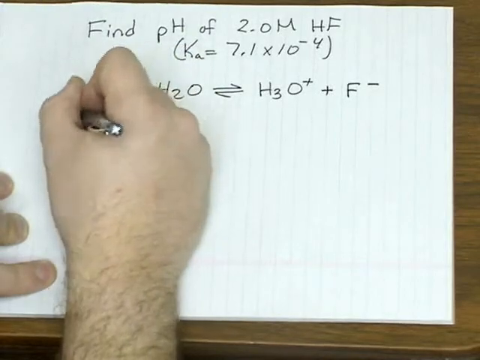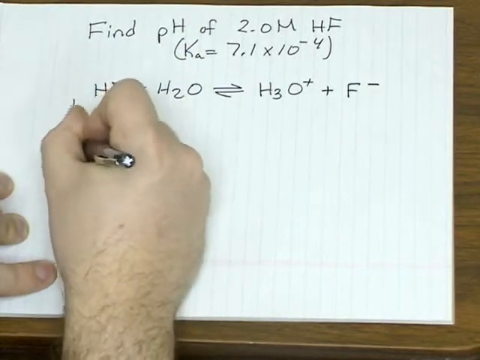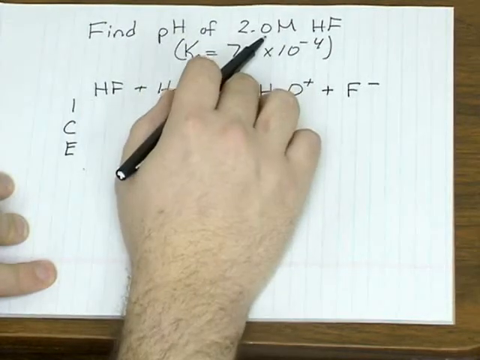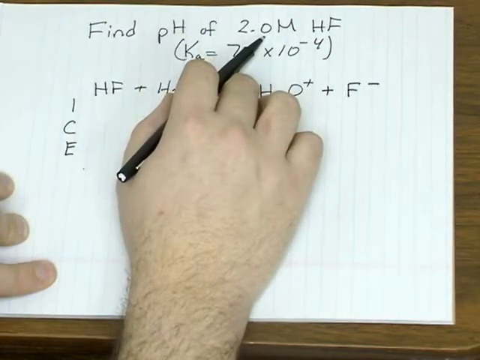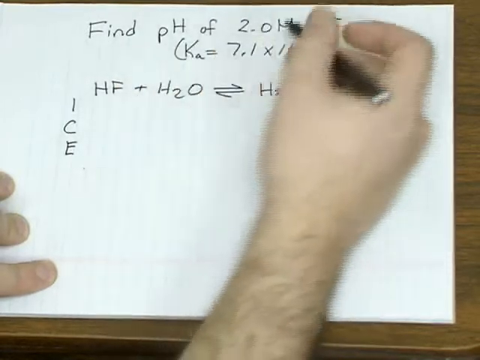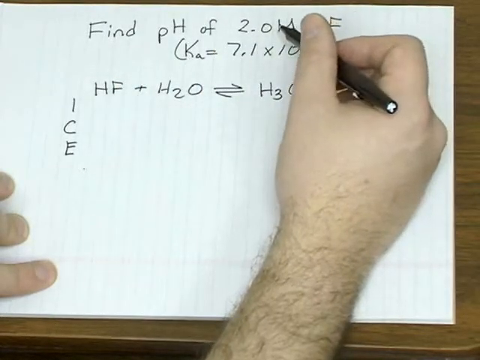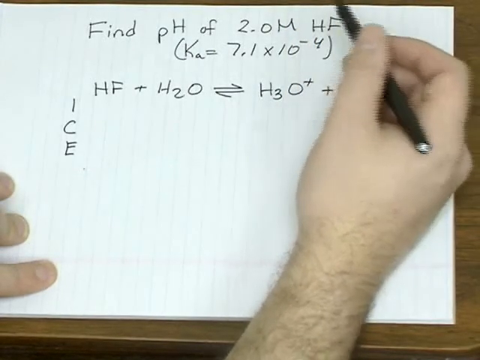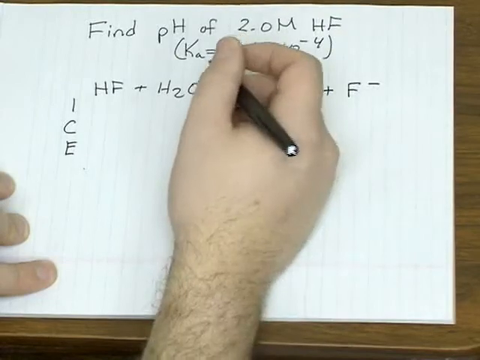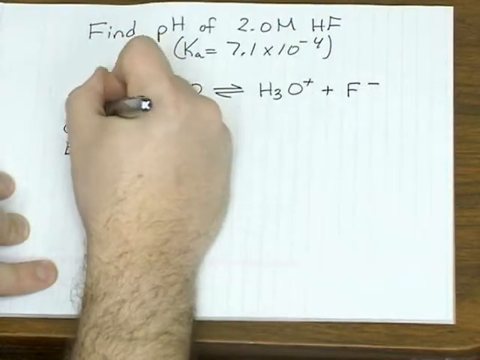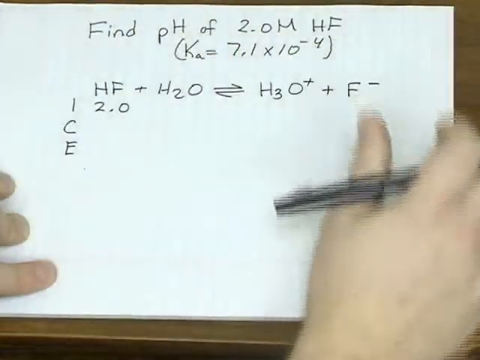So to find the pH, you start with an ice table, which we discussed in an earlier video. The concentration that's given, whether they tell you or not, is in most cases the initial concentration. A lot of times people call it the formal concentration of the acid, and is given as the initial concentration before any dissociation occurs.